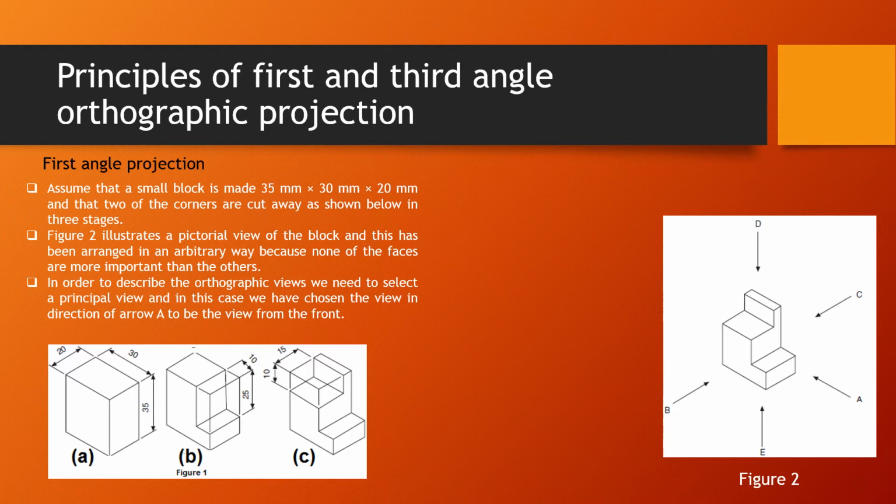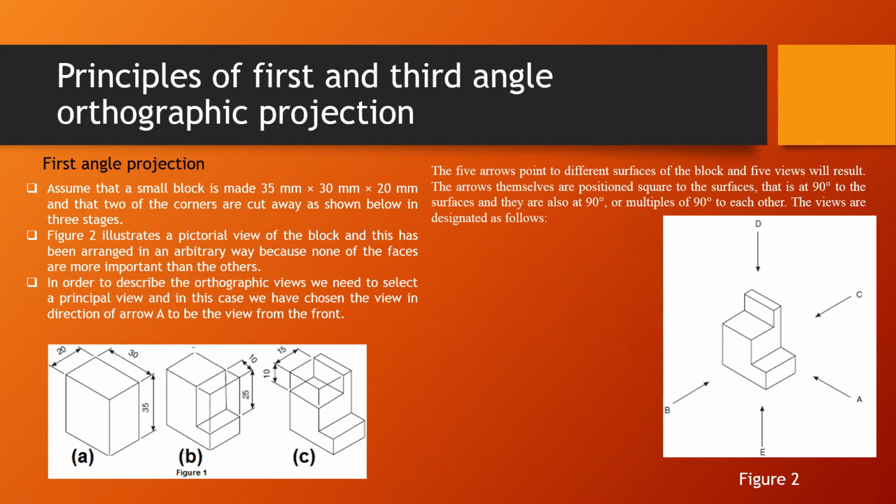We are considering this A arrow as the front view. B is the left view, C is the right view, D is the top view, and E is the beneath view, which we are going to discuss in the coming slide.